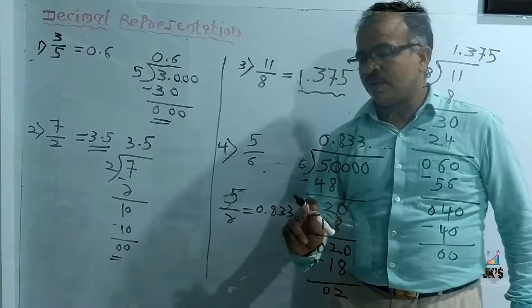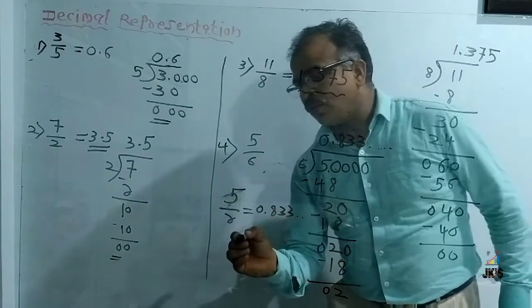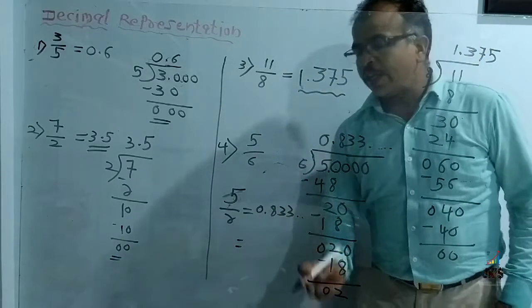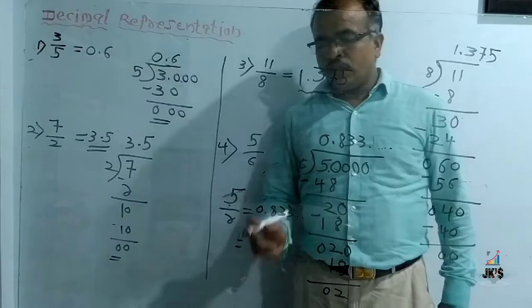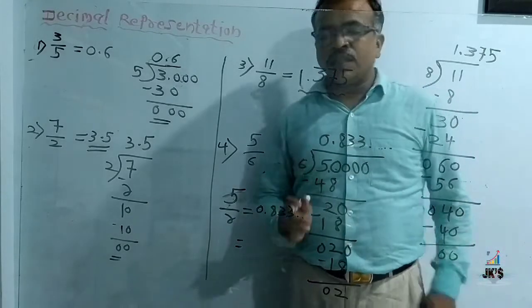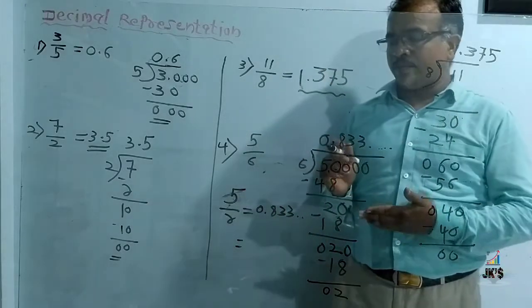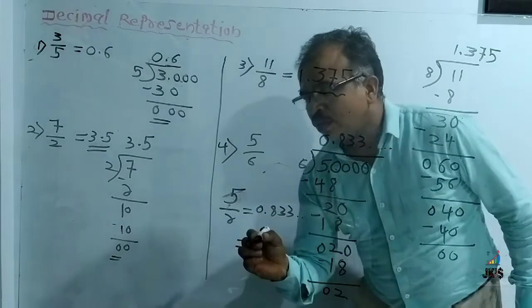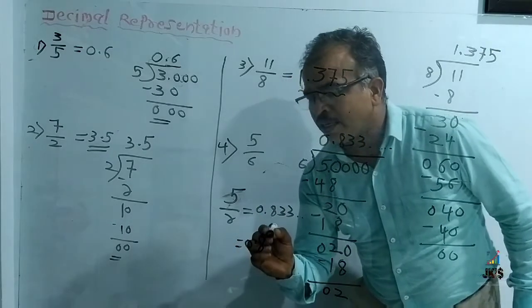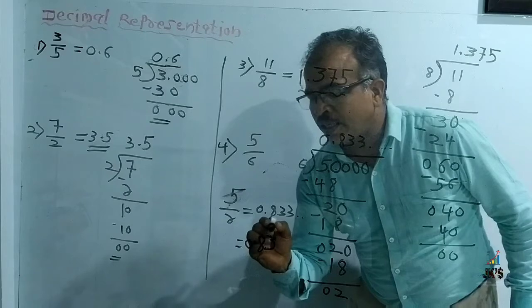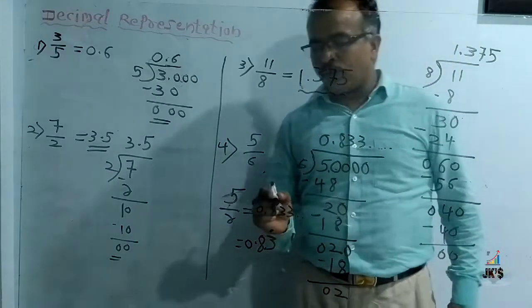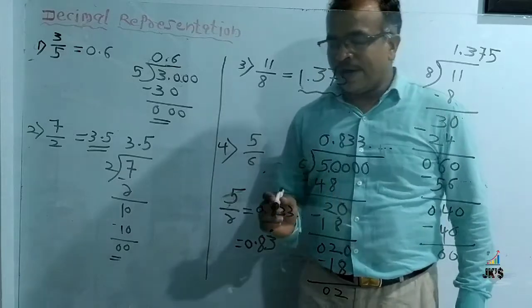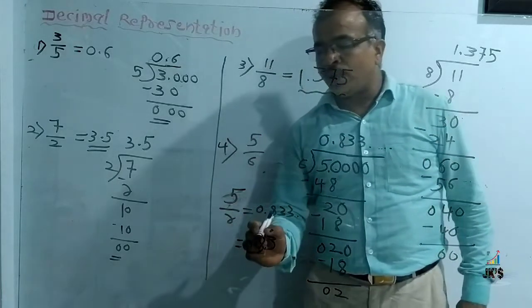When we continue this process, 3 gets repeated. This repeating 3 is known as recurring. So we write this as 0.8 recurring 3. For recurring we give a dot on top of that number, and we read this as 0.8 recurring 3.